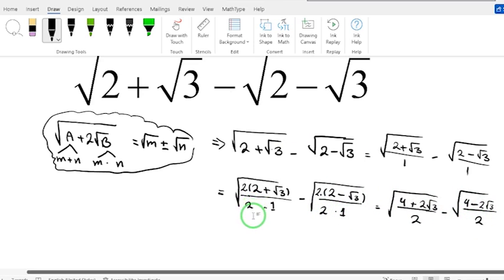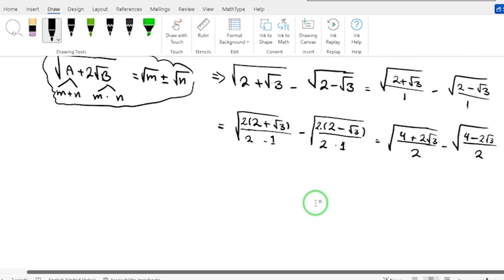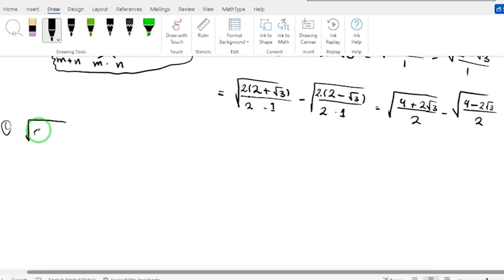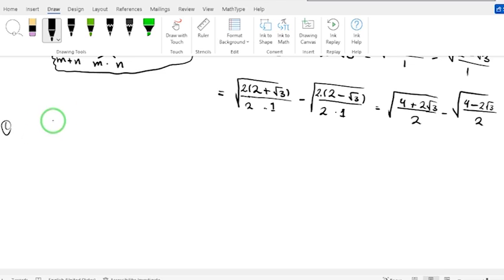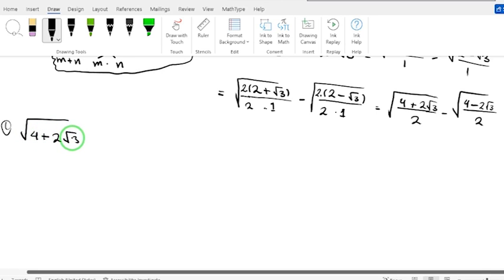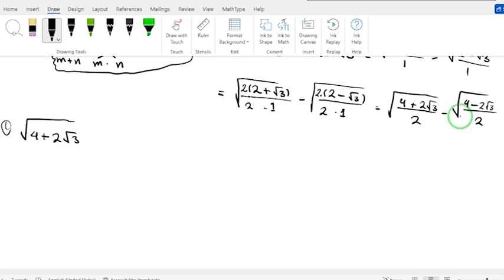Then we can use this trick here. We have 4 plus, actually the first one, 2 square root of 3. I write this part here.